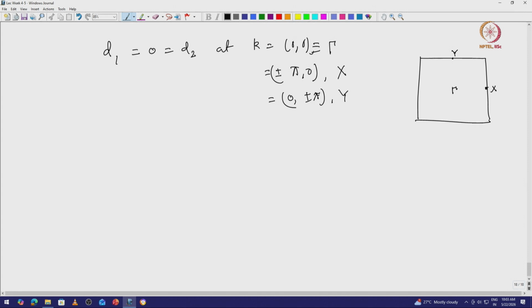Okay. And so, our conditions are already satisfied that d1 and d2 go to 0 irrespective of any parameter.